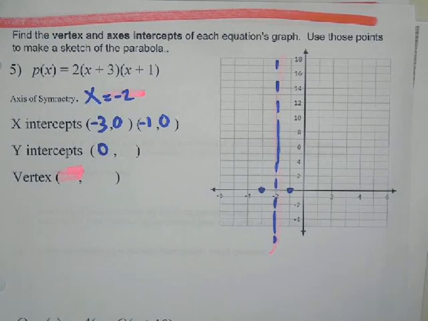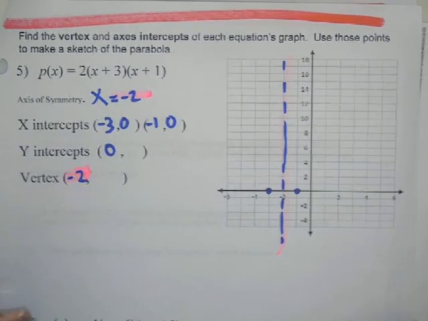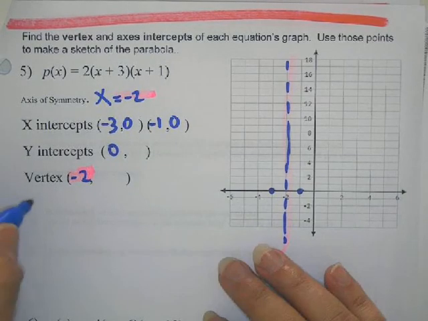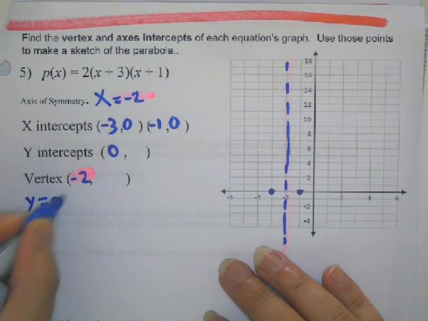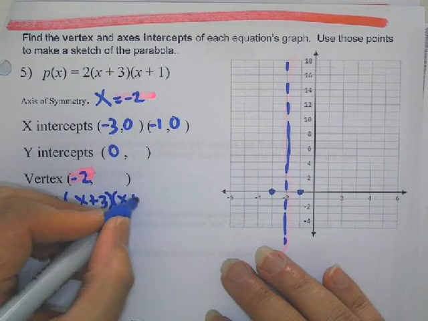Okay, that's everything we can fill out now. So, negative 2. Okay. So, let's solve for the y-intercept. So we have y equals 2 times x plus 3 times x plus 1, right? That's our equation.